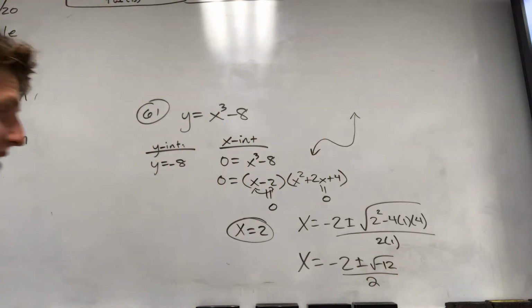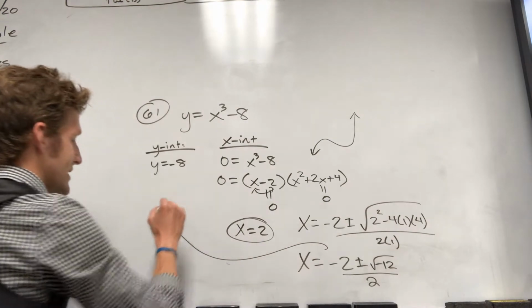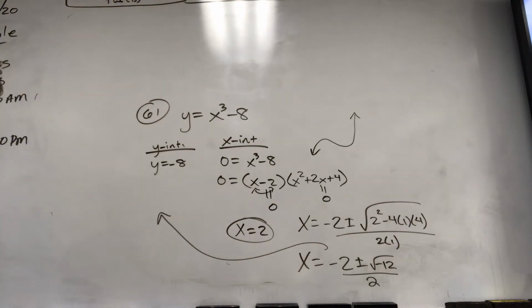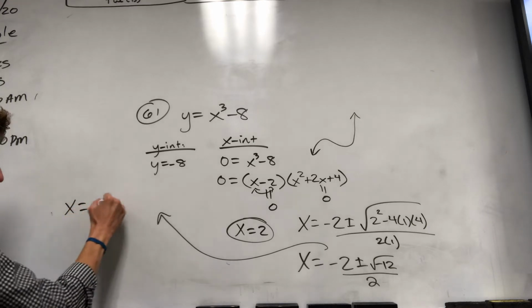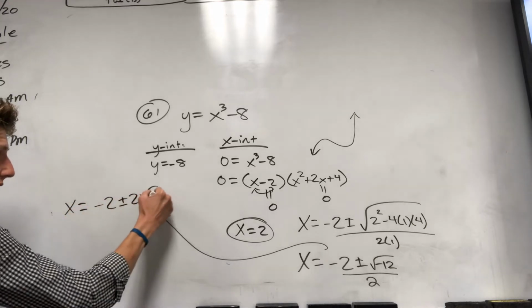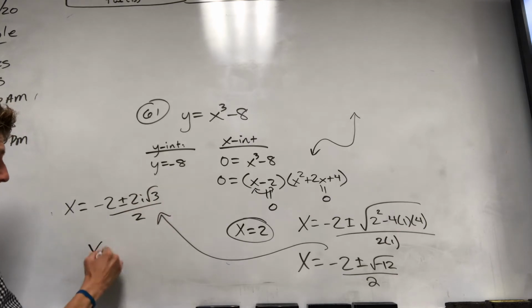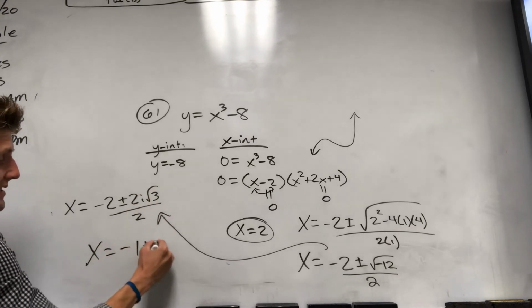So we got something with i again. x equals 2 is the x-intercept here. I'm just showing you how to get the other solutions. Negative 2 plus or minus 2i root 3, divided by 2. Negative 1 plus or minus i root 3.